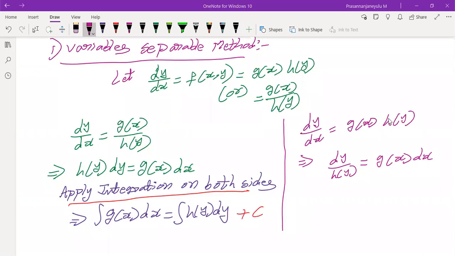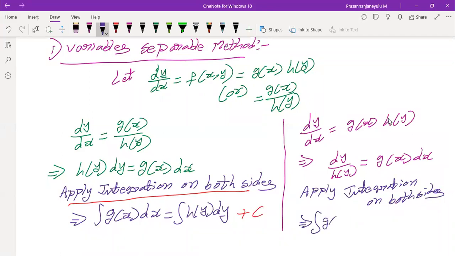Now, variables are separated according to our condition. Whenever variables are separated, what do we have to do? Apply integration on both sides. Then if we apply integration on both sides, what are we going to get?